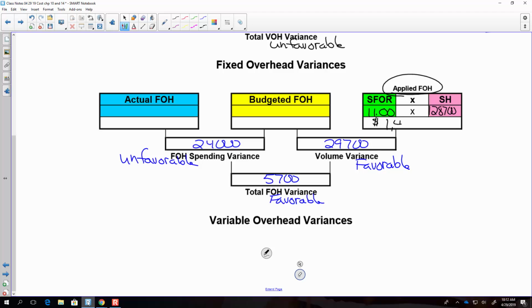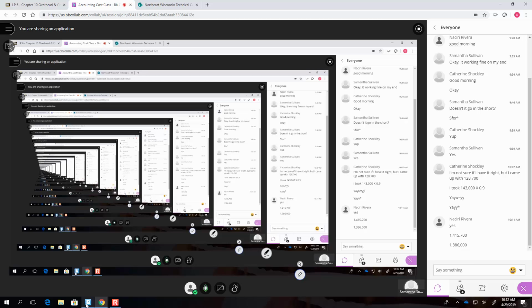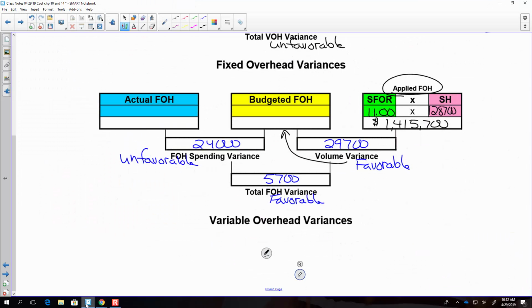Okay, Ruby, now that I know this number, what is going to be my budget number in the center, knowing that it's a favorable volume variance? $1,386,000. Is that right, guys? Awesome. Good job, Ruby. We got agreement.